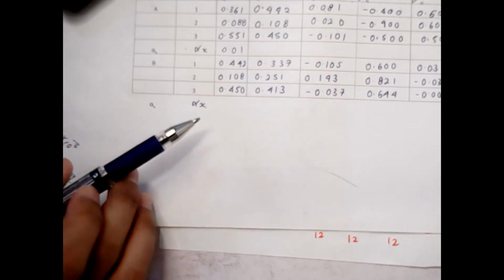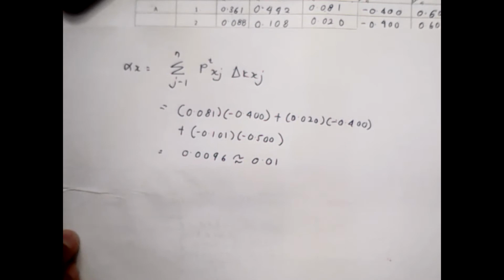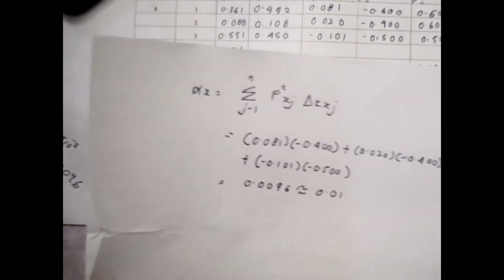For alpha x at interchange level B, you can use a similar way as what I have shown here. Can you calculate it now?